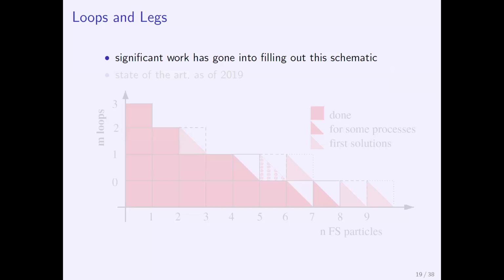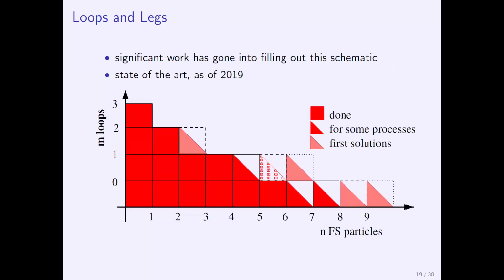So significant work has gone into filling out this schematic. This is, again, a plot that I stole from Peter Skands, so it's a little bit old, although it hasn't moved a huge amount since then, which is state-of-the-art as of 2019. What we have here is number of final state particles, number of loops here. And this is for a specific process, I think in this case Drell-Yan. Sorry, this is for a number of processes, not all processes, but kind of the gold standard usually is Drell-Yan.